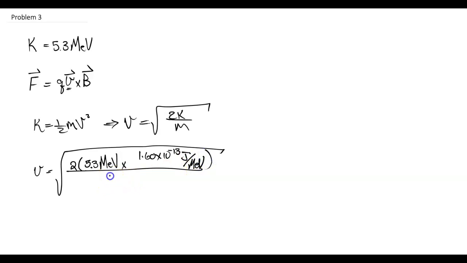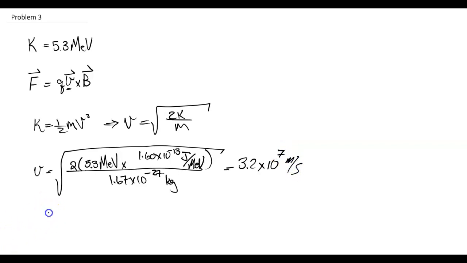We have a proton, so 1.67 times 10 to the minus 27 kilograms. That gives us a speed of 3.2 times 10 to the 7th meters per second.